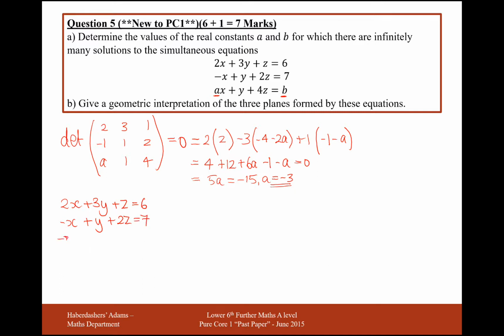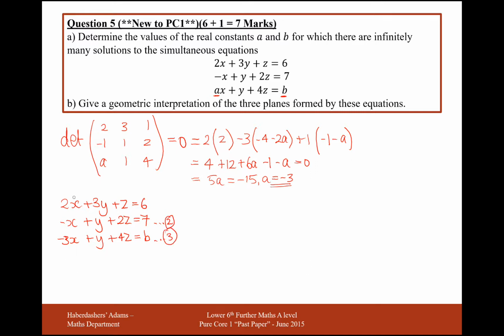It'd be minus 3 on the end here now. Okay, so the easiest way I can see to eliminate an equation to start with is to eliminate the y variable from equations 2 and 3.